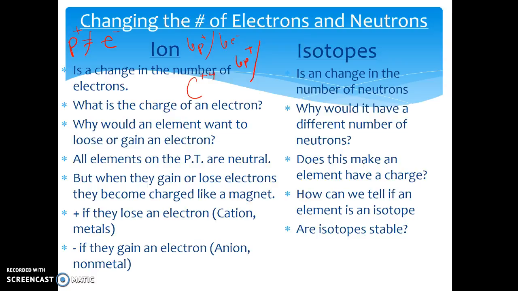So instead of 6 electrons that I'm supposed to have, I've lost 4. So that means I'm down to having 2 electrons. Okay, so this means that I now have more positives, and I have 4 extra positives. That's where that +4 comes from.